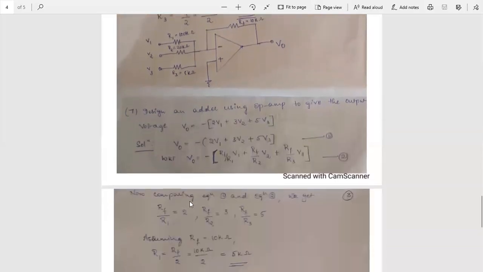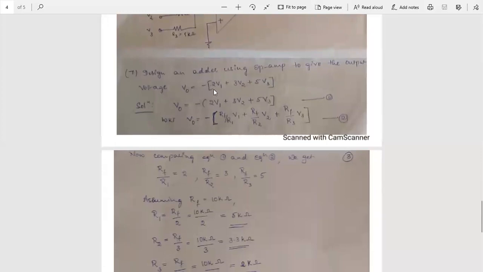Okay, so next consider this. Design an adder circuit using op-amp to give the output voltage V0 is equal to minus of 2 V1 plus 3 V2 plus 5 V3. So now again we know that V0 is equal to minus of Rf by R1 V1 plus Rf by R2 into V2 plus Rf by R3 into V3.